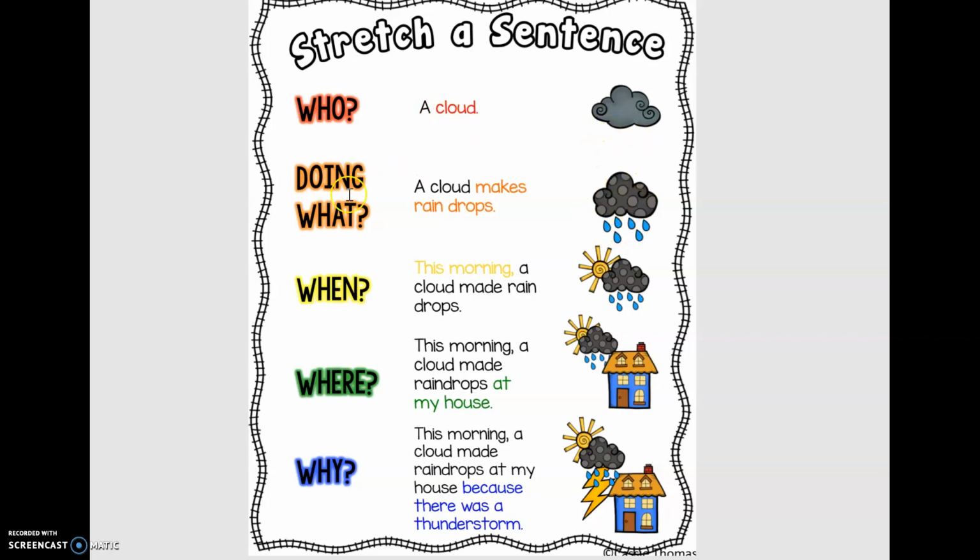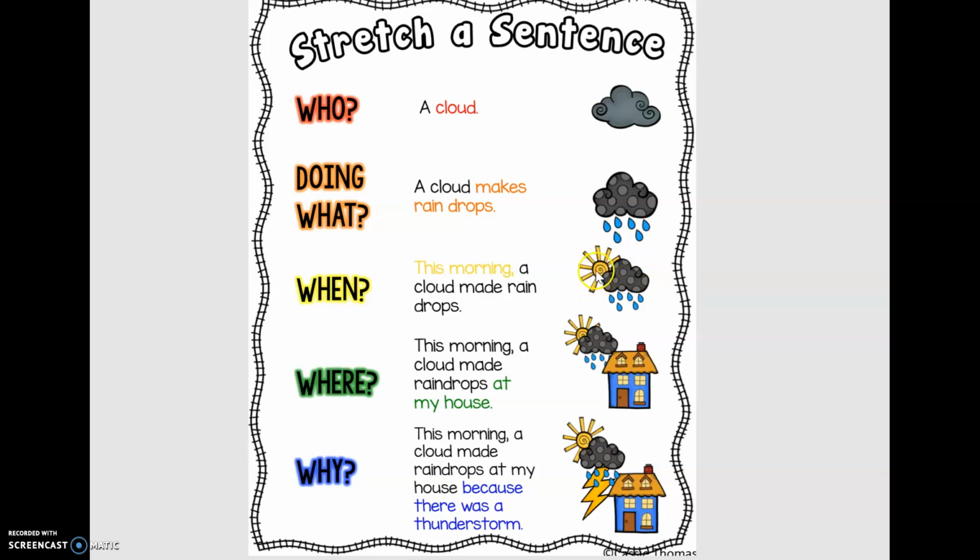Let's look at the second picture. It says doing what? A cloud makes raindrops, right? Cloud makes raindrops. So now I added some more details that tells me what the cloud does. What is the cloud doing? When, right? What time? What time is this happening? Look at the drawing, look at the picture. There's a sun out there.